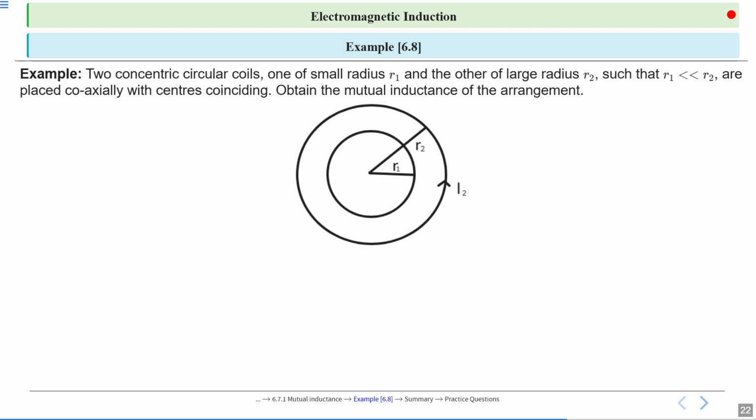If we take R1 comparable to R2, then the field lines passing through R1 will not be uniform, and it will make calculating the flux through the first coil of radius R1 complex. So to remove the complexity, we have taken R1 much less than R2, so that the field lines passing through R1 will be uniform, and we can calculate the magnetic flux through R1 easily.